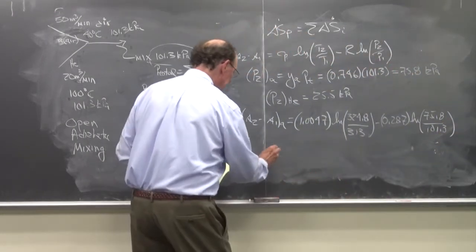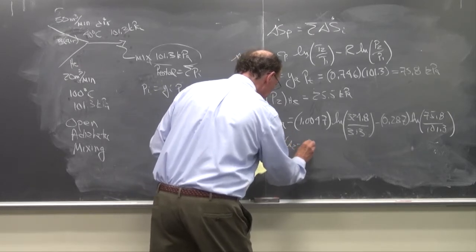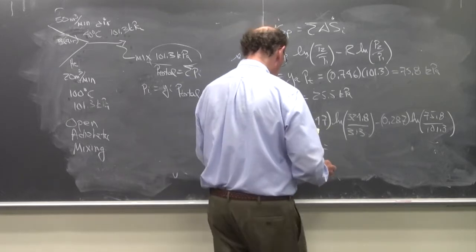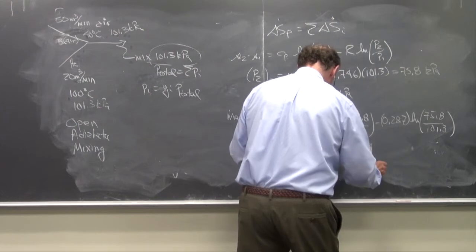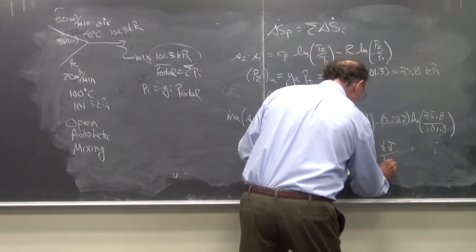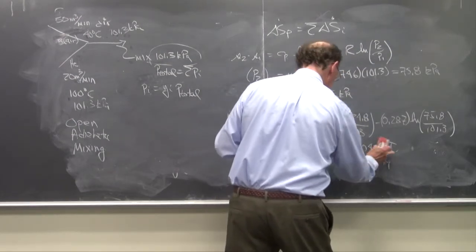So I'll have that m dot A times S2 minus S1 for the air is equal to 0.1204 kilojoules per kilogram. Let me change that.